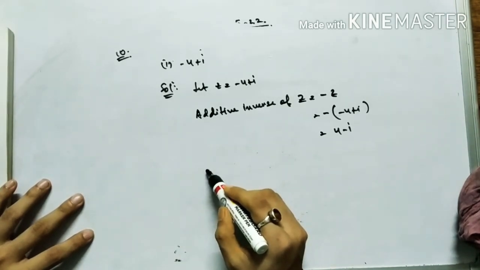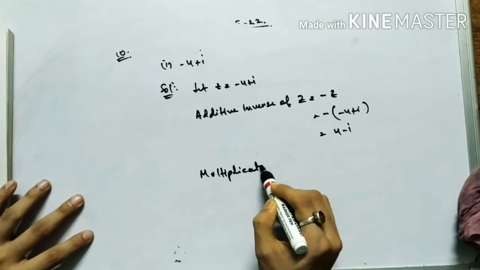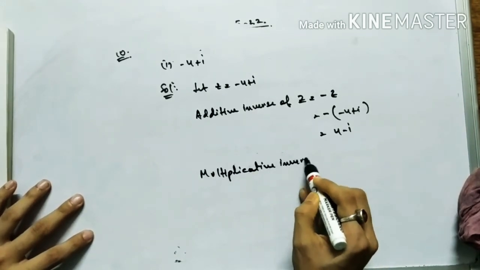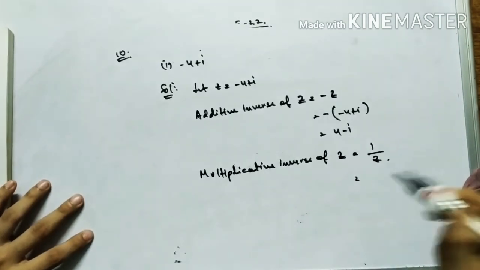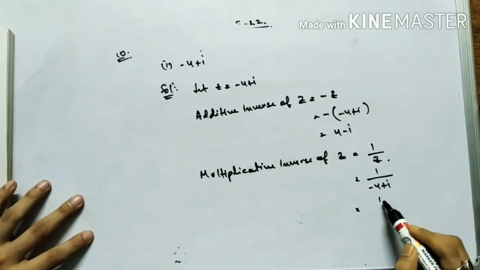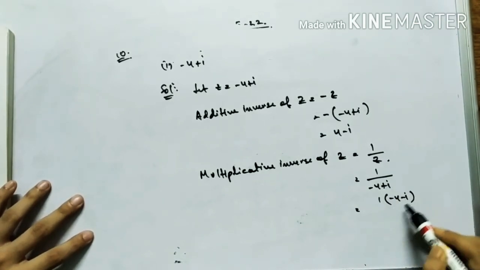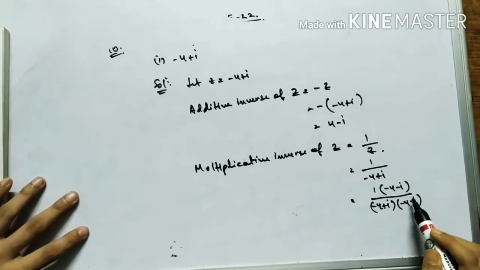And then the multiplicative inverse. The multiplicative inverse of z is equal to 1 by z, so 1 by minus 4 plus i. What I will do now is multiply both numerator and denominator by minus 4 minus i. The denominator becomes minus 4 the whole square minus i the whole square.